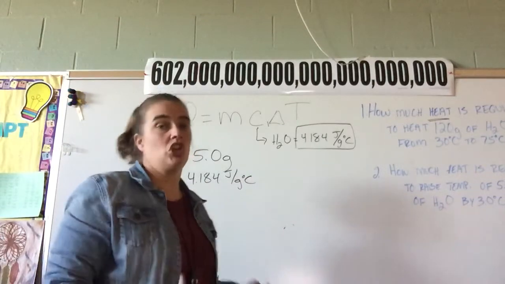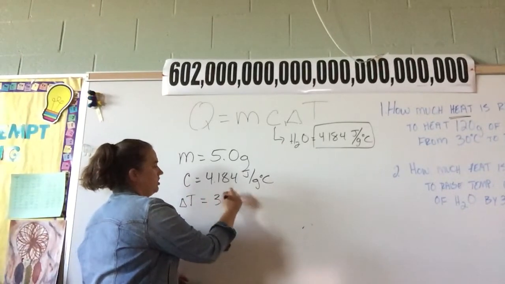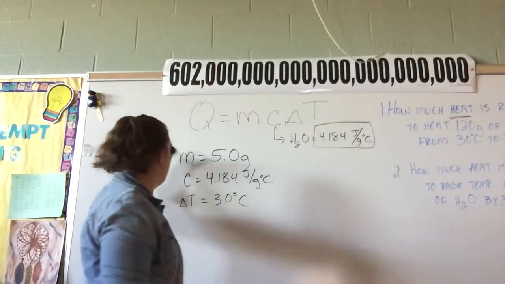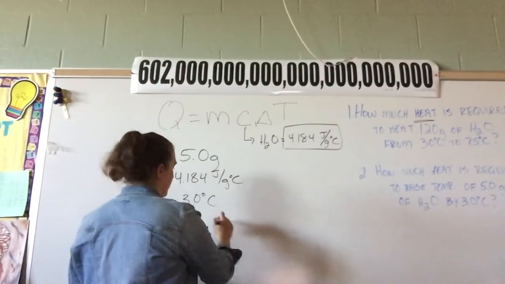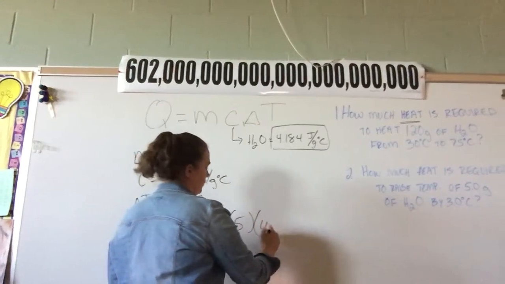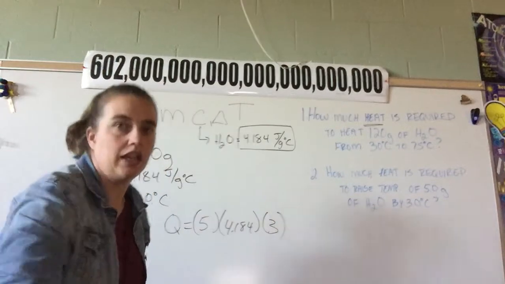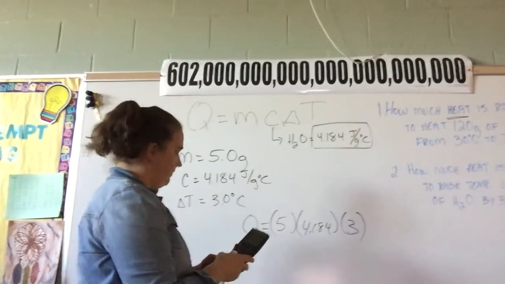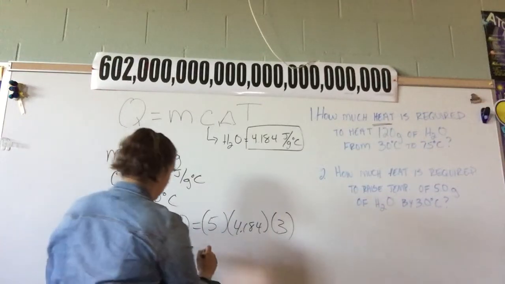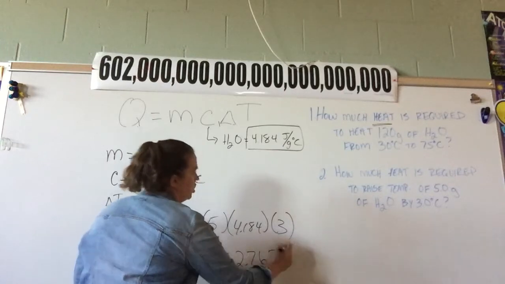That is my change in temperature, so I don't have to worry about making sure it's final minus initial. So I have mc delta T, and I just plug it in. Q is equal to 5 times 4.184 times 3. Plugging that into my calculator, I end up with 62.76 joules.